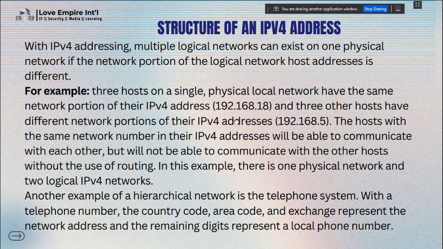Another example of a hierarchical network is the telephone system. With a telephone number, the country code, area code, and exchange represent the network address, and the remaining digits represent a logical phone number. So they are just trying to explain this in another way using your phone number.